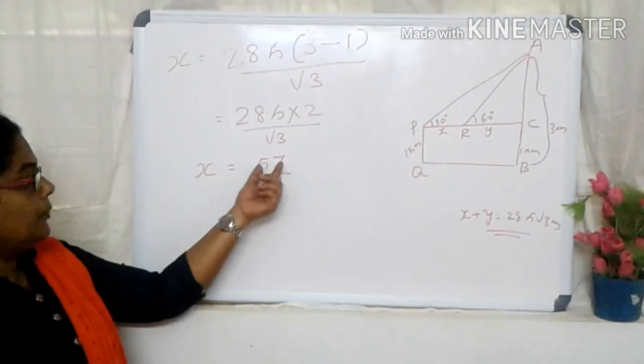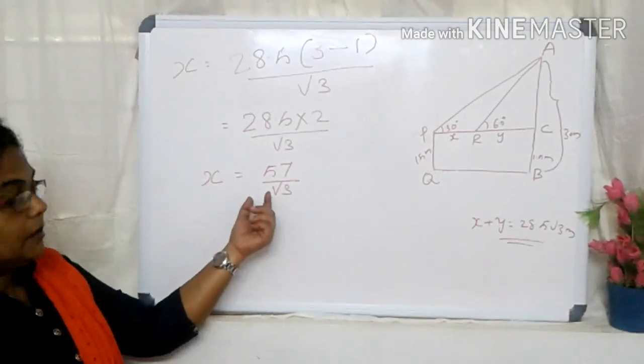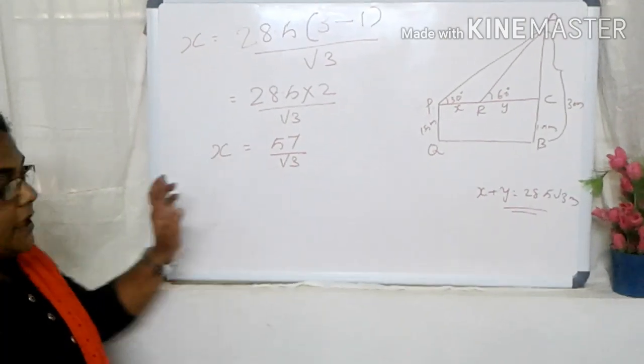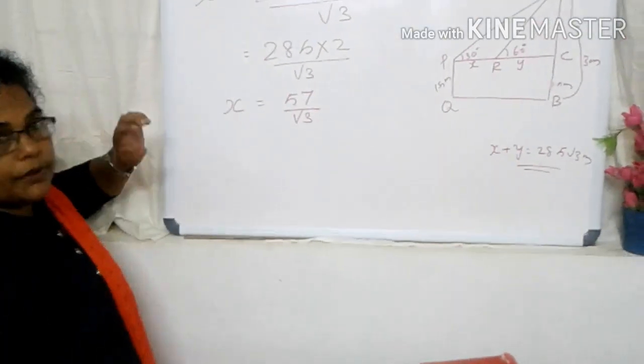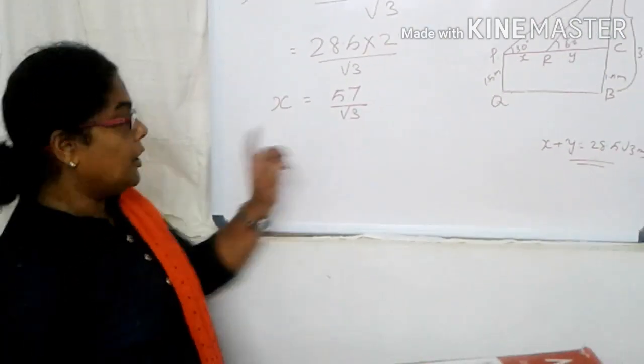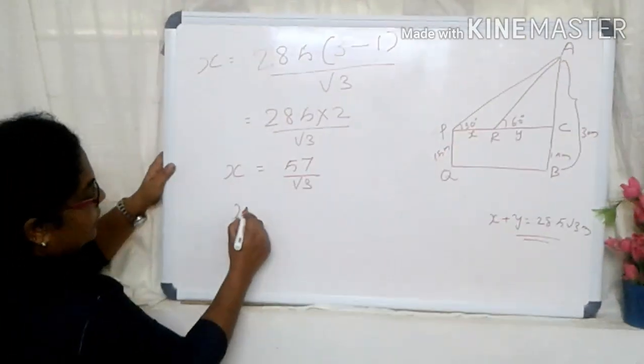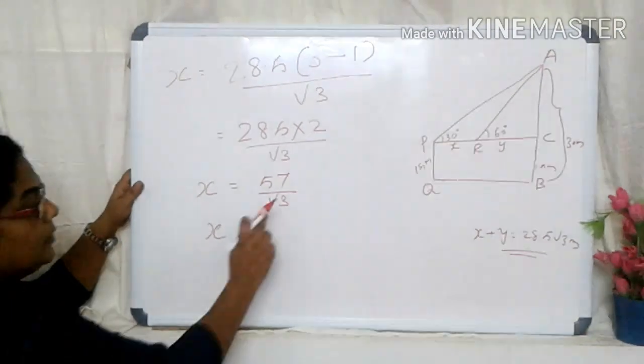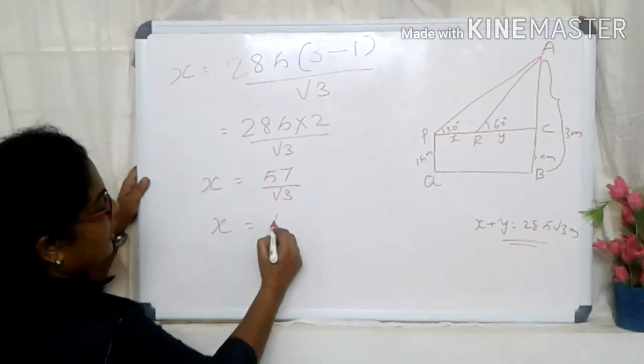Therefore x equals 57 by root 3. Now there is root 3 in the denominator, so we have to rationalize the denominator because we have to remove the root sign from the denominator. How are we doing the rationalization? We are multiplying by root 3 in the numerator and the denominator.